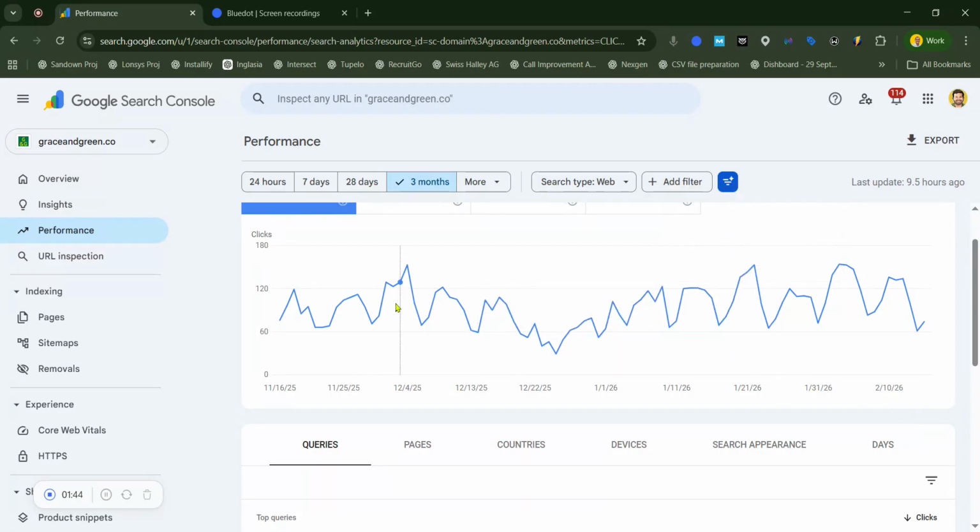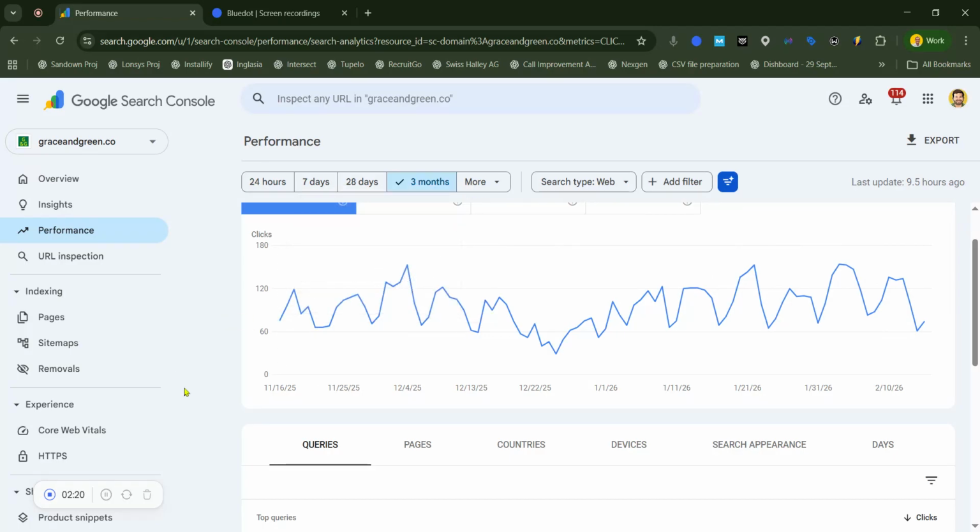But generally, on average, the statistics show lower traffic in November and December. Then in January, it starts picking up and going to peaks that were never experienced before. The traffic is tending upwards towards the end of January and the beginning of February, as compared to November and December.